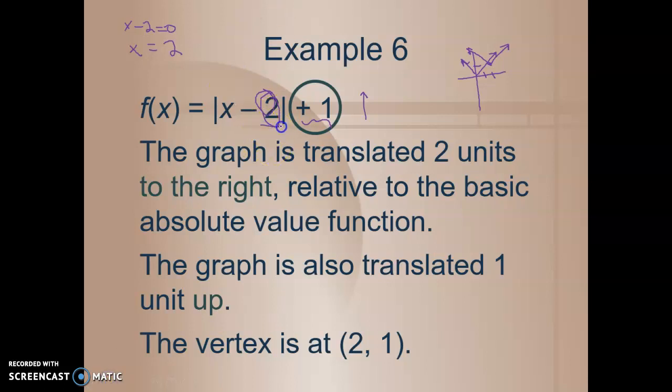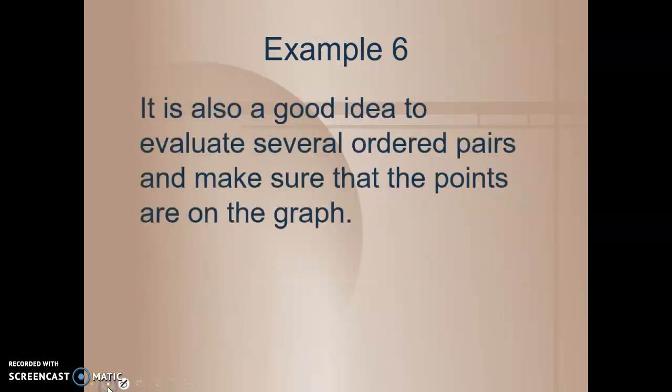So we can look at these points here, and then we can tell the translation. We can also tell where the vertex is. And when you have just the absolute value of x, you basically have x minus 0 plus 0. So our vertex there is at 0, 0.